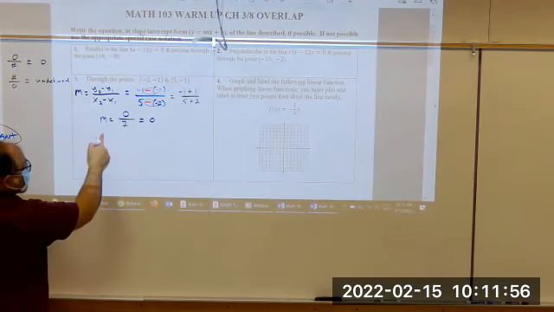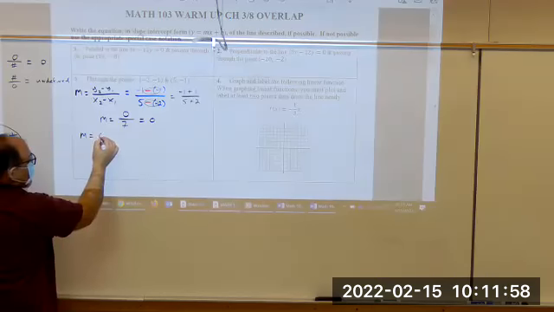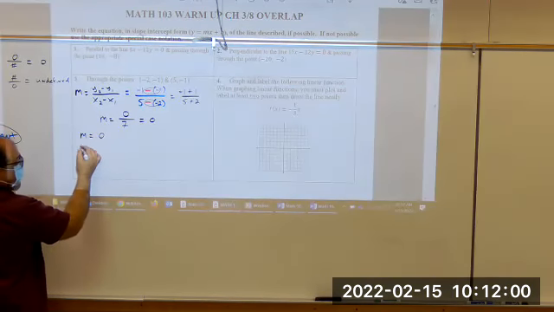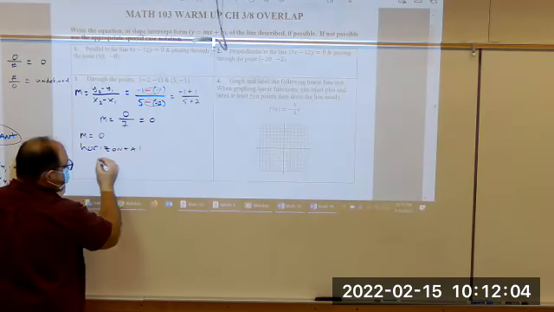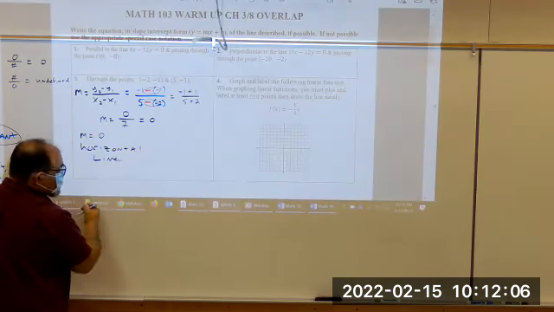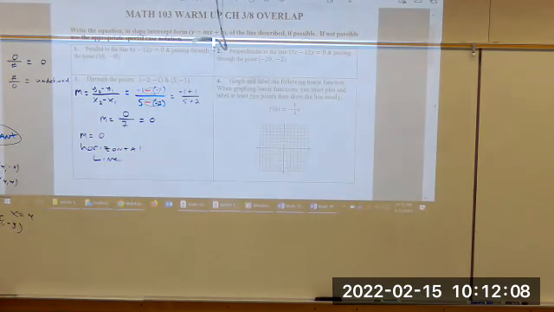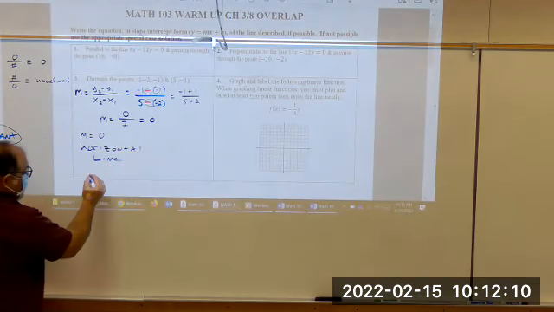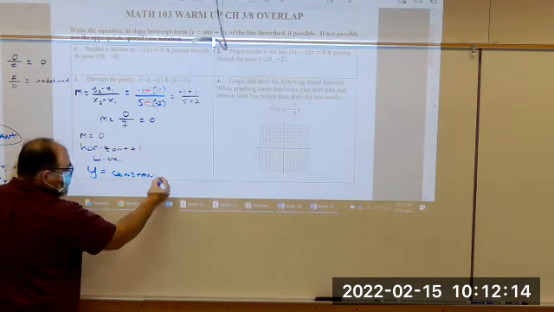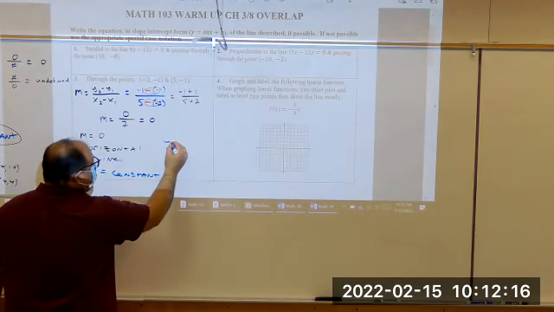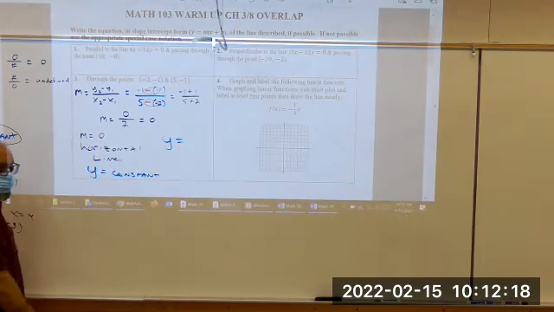So when you see that the slope is 0, you know it's a special case. It's a horizontal line. When the slope is 0, it's just y equals a constant. So in this problem, what does the y equal?